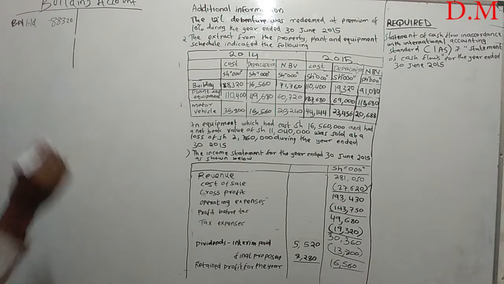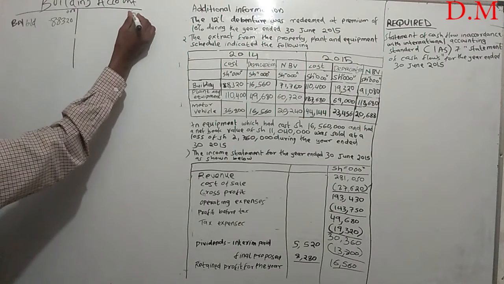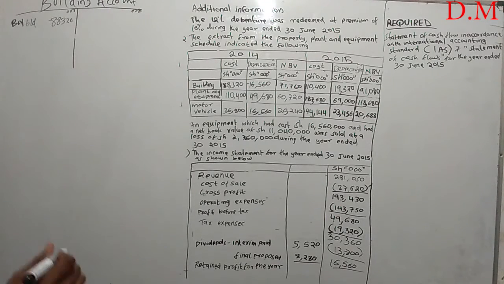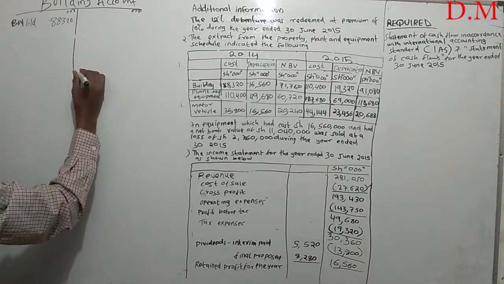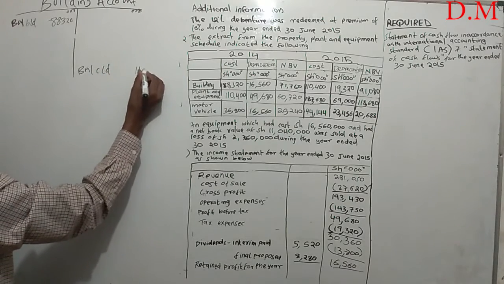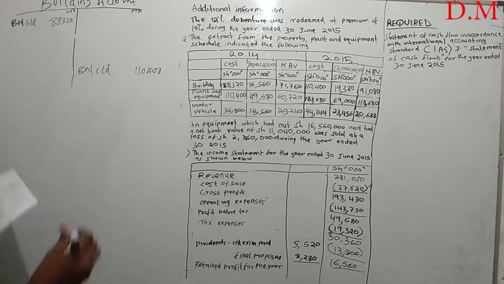Remember, the figures are in thousands. The balance carried down for building for 2015 is 110,400. So we say here, balance carried down 110,400. There is no other information about the building.